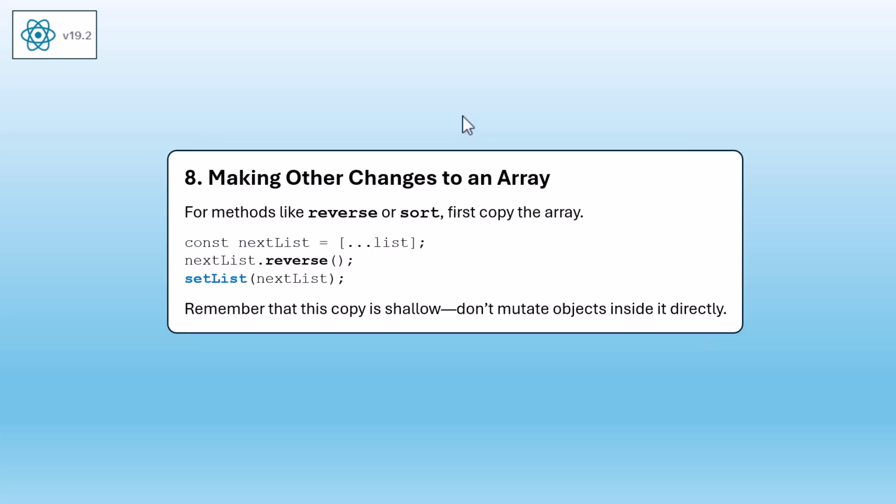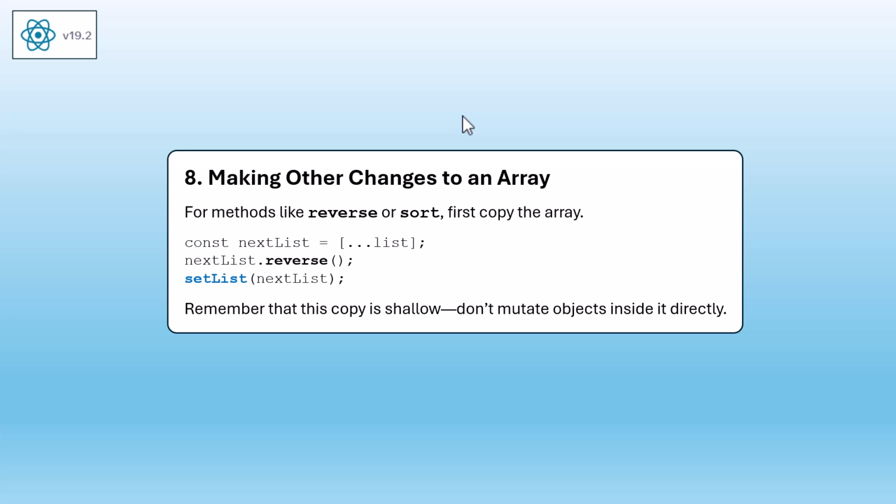8. Making other changes to an array. Certain operations like reversing or sorting an array can't be done directly on state arrays because both reverse and sort modify the array in place. To handle this, you first copy the array using the spread syntax. Once you have a copy, you can safely apply reverse, sort, or other modifying operations on that copy.